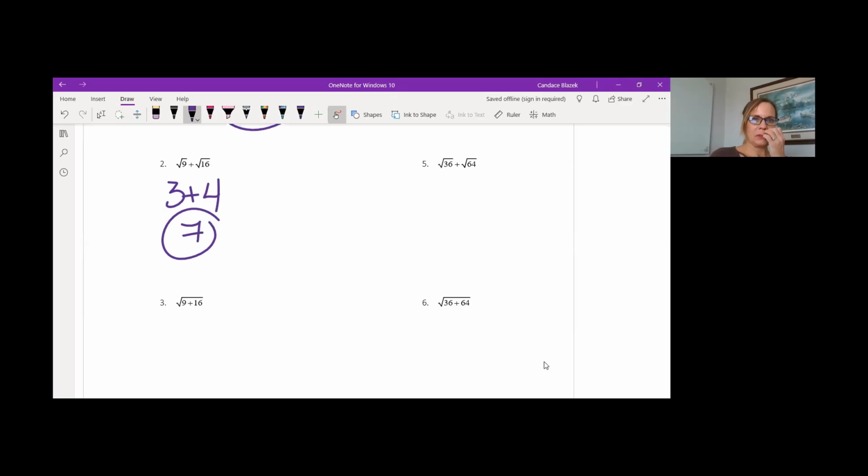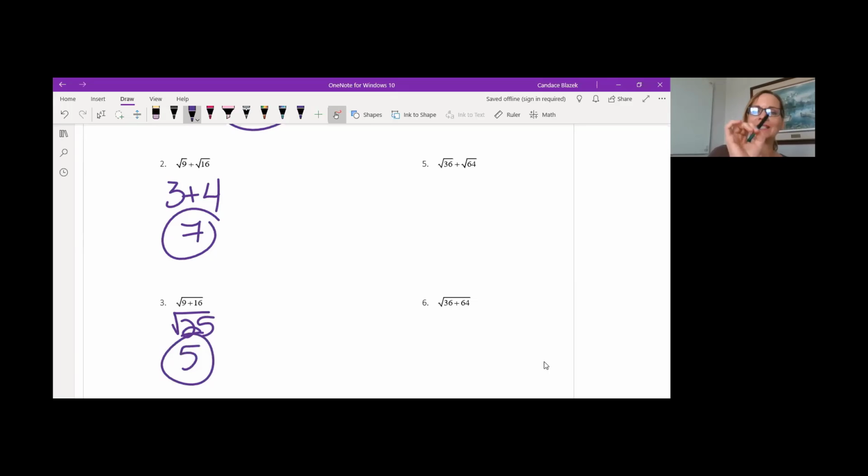Now the difference between 2 and 3 is that in 3, the 9 plus 16 is under the same square root. So I can't break them apart. I have to keep it together. And so I simplify that radical first. All right, well, I know that the square root of 9 plus 16, well, that's going to be the square root of 25. Okay. And then the square root of 25 is 5.